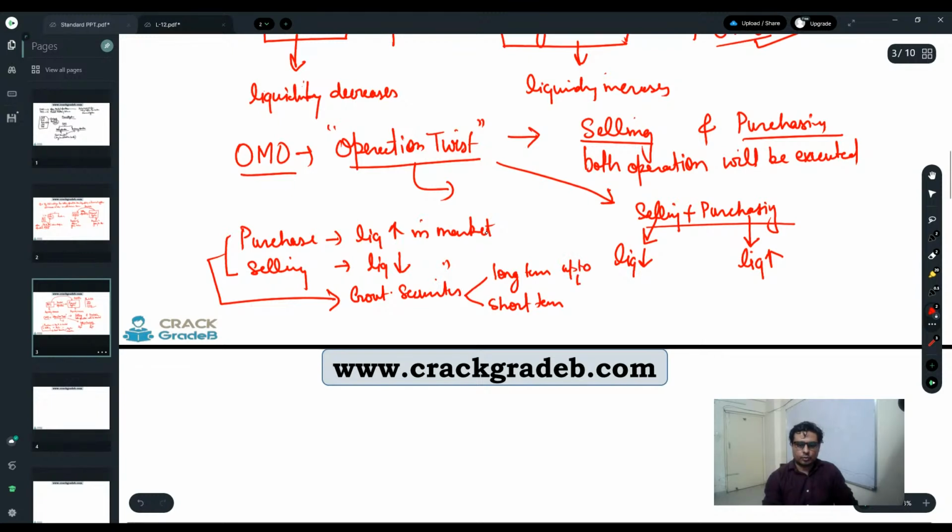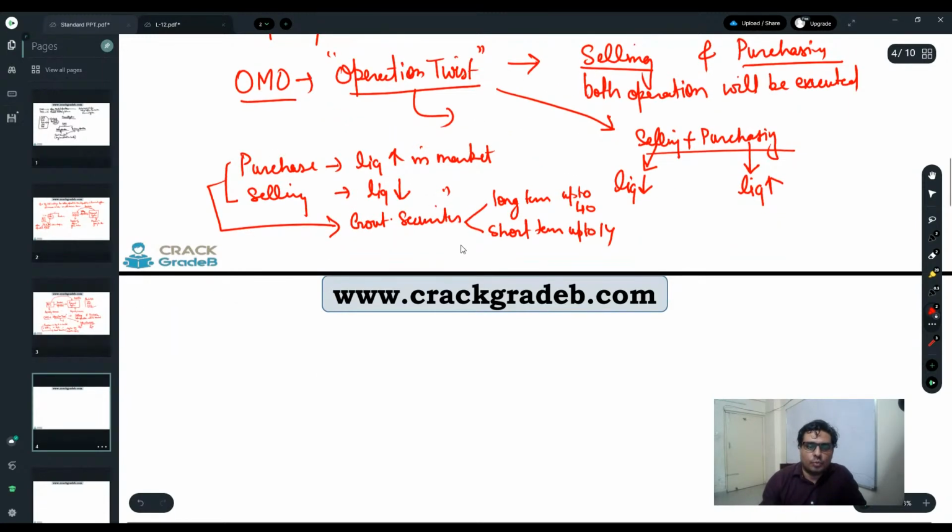Up to 40 years and up to 1 year. So long term securities and short term securities, both kinds of securities are there.